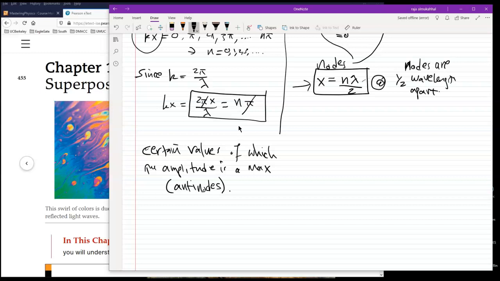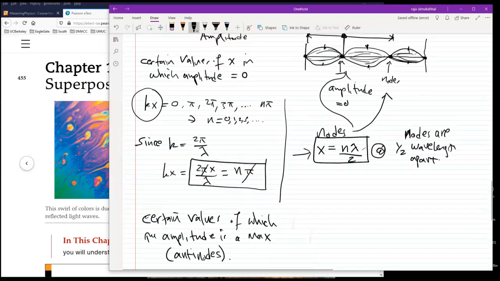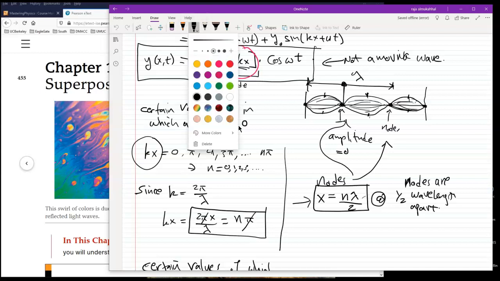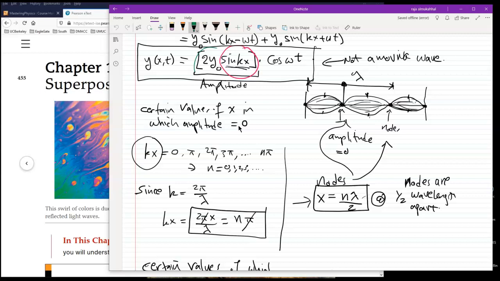Well, when? At the maximum, go back to the expression that we have right here. It's a maximum when the amplitude is equal to 2y naught, sorry. Makes sense? So it is maximum when the amplitude is 2y naught, in other words, when sine kx equals 1, you get maximum amplitude.